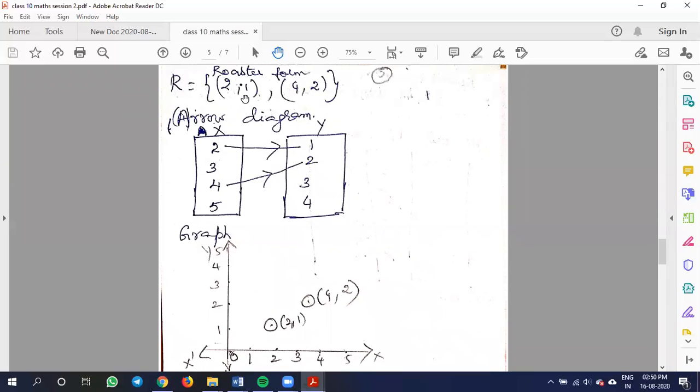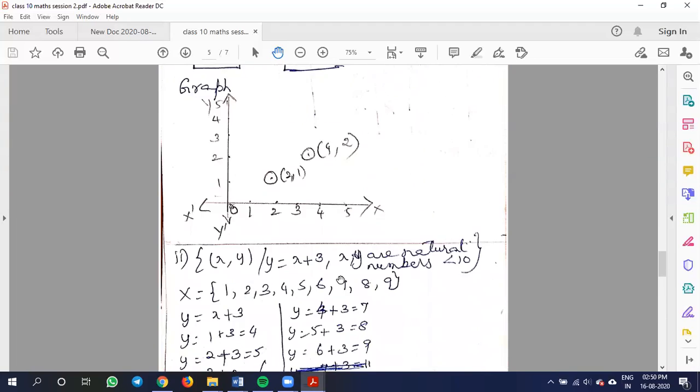So the elements are 2 comma 1 and 4 comma 2. What is 2 comma 1? 2 should be taken from the x-axis and 1 to be taken from the y-axis. So this is 2 comma 1. Then 4 comma 2, that is the next one. So 4 to be taken from the x-axis and 2 to be taken from the y-axis. This is 4 comma 2. This is called the graphical representation.